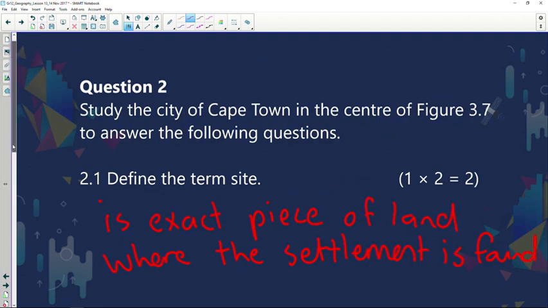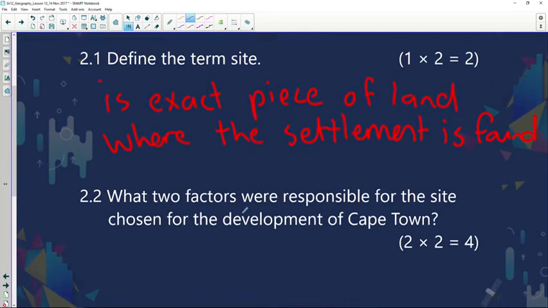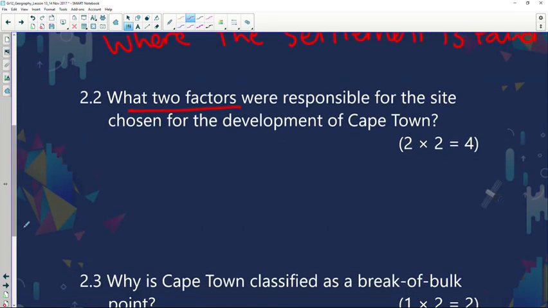Now the next question is probably going to ask us, what 2 factors were responsible for the choosing to develop of Cape Town? Now first of all, the first settlers arrived in 1652 in South Africa. And the reasons why they chose that site is probably because of the harbours, natural ports.